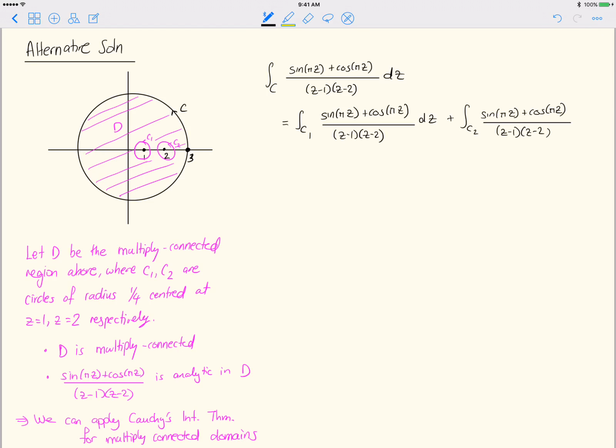That's what Cauchy's integral theorem for multiply connected domains tells us.